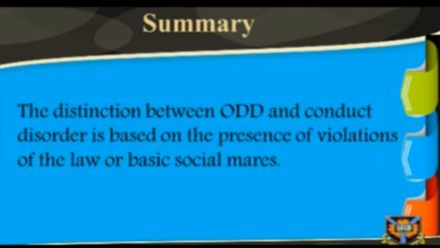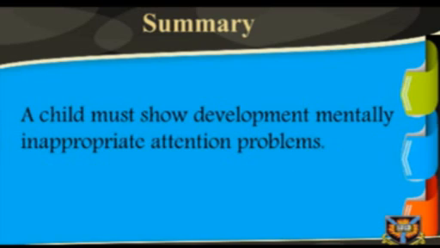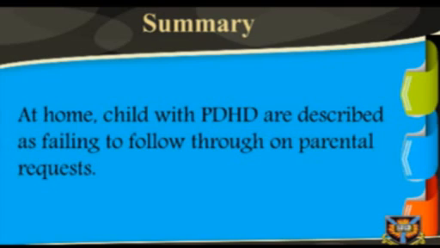ADHD is the most frequently diagnosed disruptive disorder of children (DSM-4). In order to be diagnosed with ADHD, a child must show developmentally inappropriate attention problems. At home, children with ADHD are described as failing to follow through on parental requests.